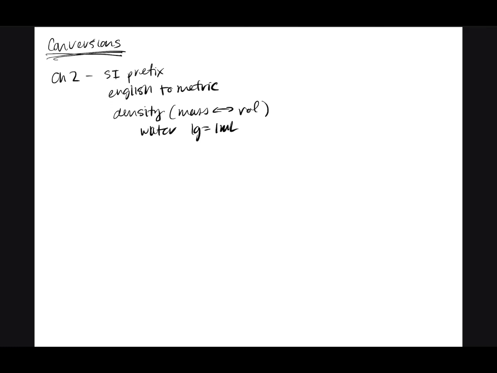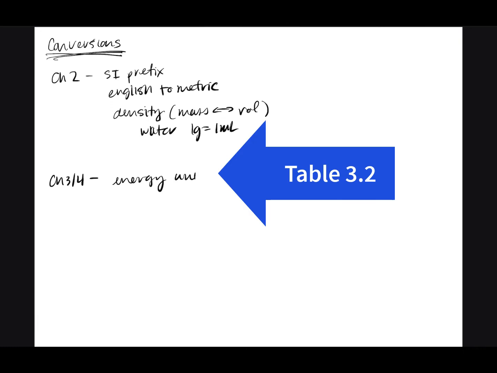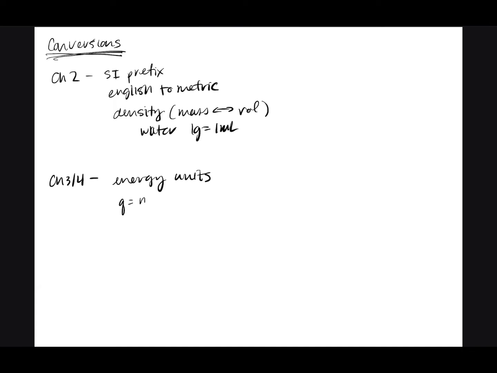In Chapter 3 and 4, in terms of conversion factors, you have your energy ones, so go refresh your memory on those. Those were just the energy units, for example. In addition, we have our Q equals MC delta T relationship, where C is in units of joules per gram times degrees Celsius.